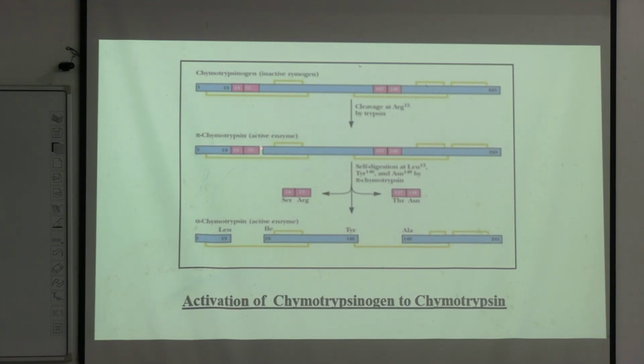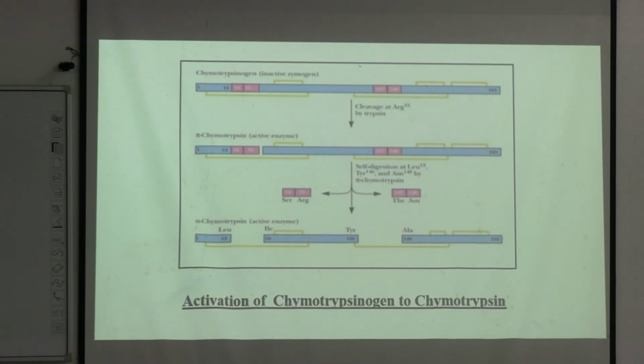There is a site that is clipped off, and then there is further cleaving of this side. So, these two red colored segments are removed. Ultimately you get 3 fragments. These 3 fragments are joined together, and they form the active alpha chymotrypsin.